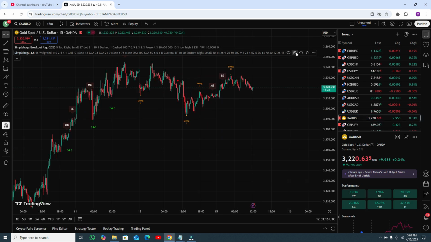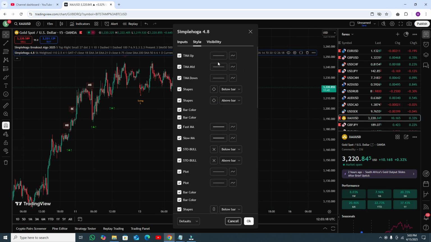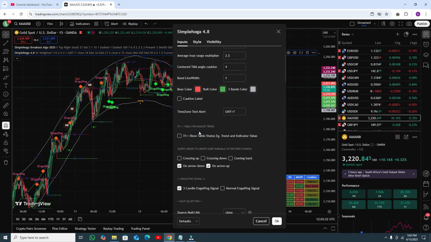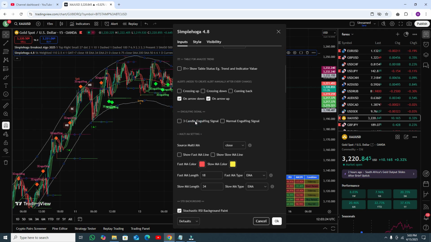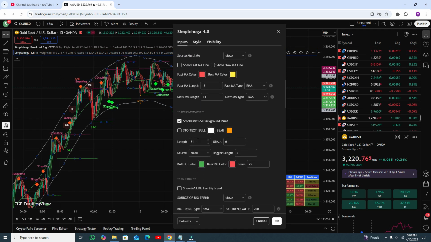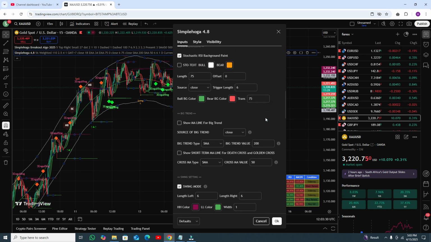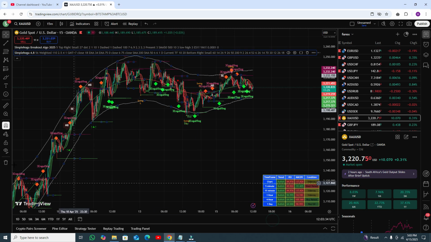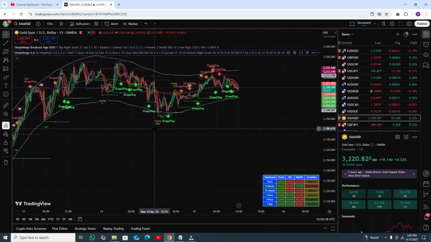Just go to the settings of this indicator, and we need to hide some options: uncheck the table, uncheck the influence signal, and RSI 75. And the third thing here, you need to uncheck the swing mode. Okay, now your indicator is ready, and enjoy the profit.